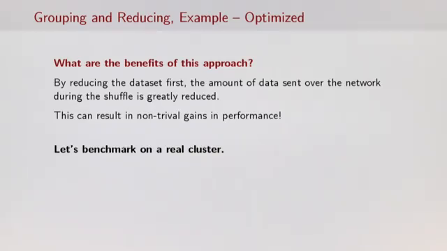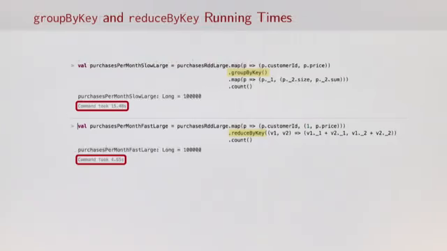And to make this all a little more concrete for you, I've performed this computation, the exact same code, on a real cluster, and we can easily see the gains in performance. This is done with billions of generated key value pairs representing the same datasets and the same code we saw on the previous slides, on a cluster of, I believe, 6 nodes. This was run in a Databricks notebook, and what we can see here is the amount of time it took to do the same computation with a groupByKey versus with a reduceByKey.